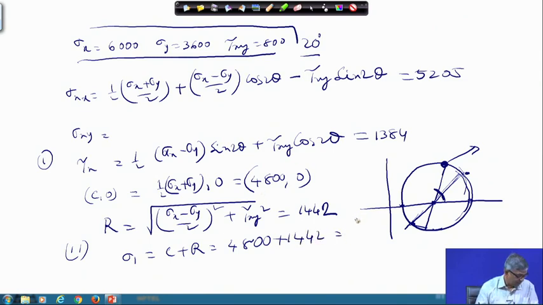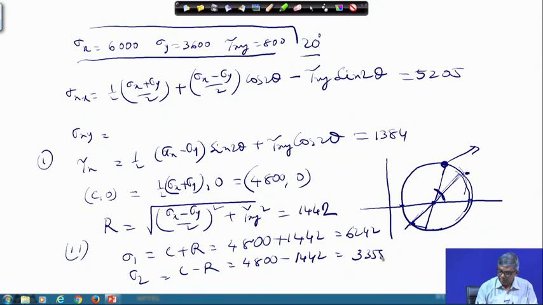So, that becomes 6242, and sigma 2 will be equal to C minus R, that is your 4800 minus 1442, that means it is becoming 3358, and its orientation also can be drawn.